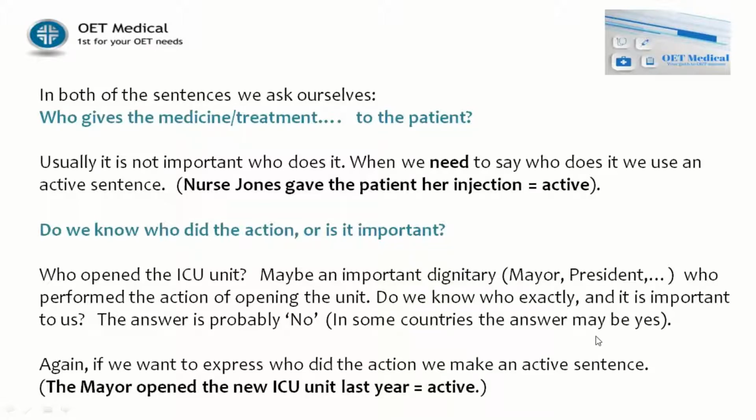But in the UK, where I'm from, it's less important who opened it. Again, if we want to express who did the action, we make an active sentence. The mayor opened the new ICU unit last year. So the mayor, action to the ICU unit, active.